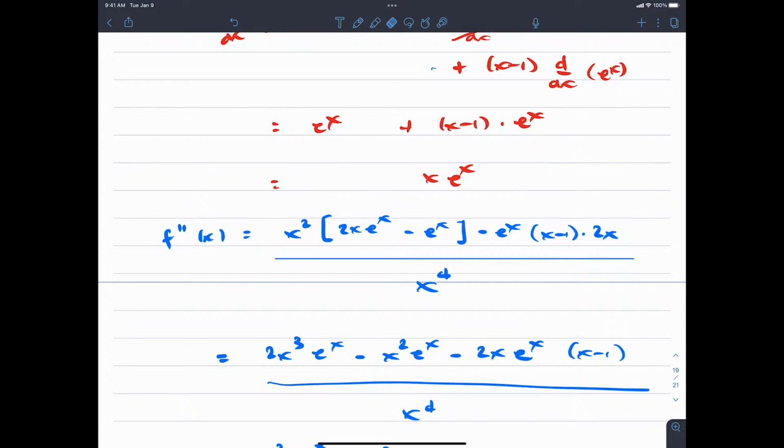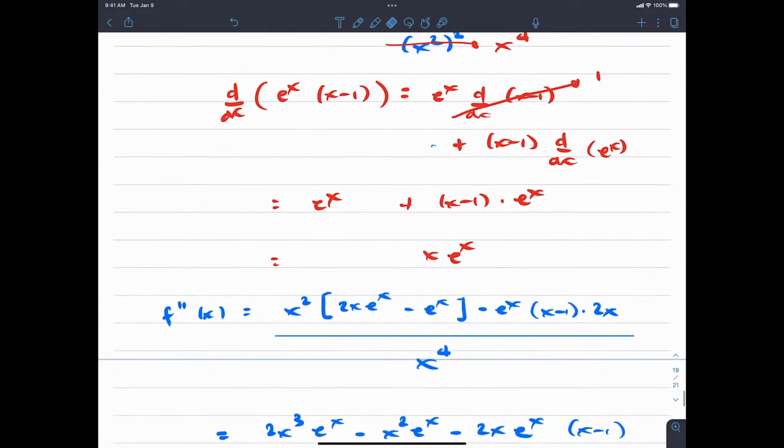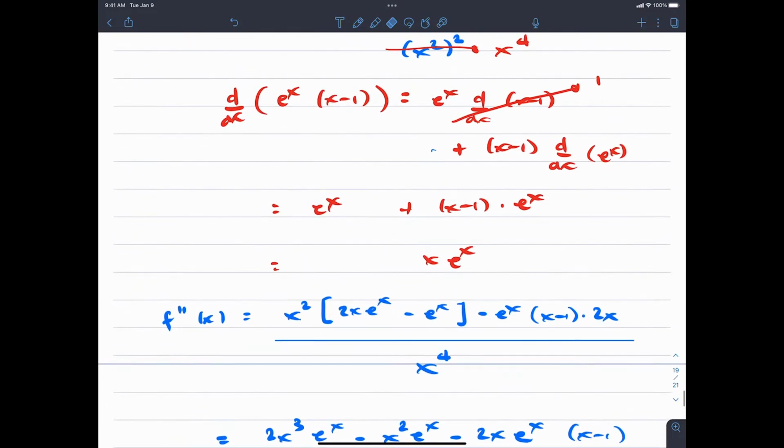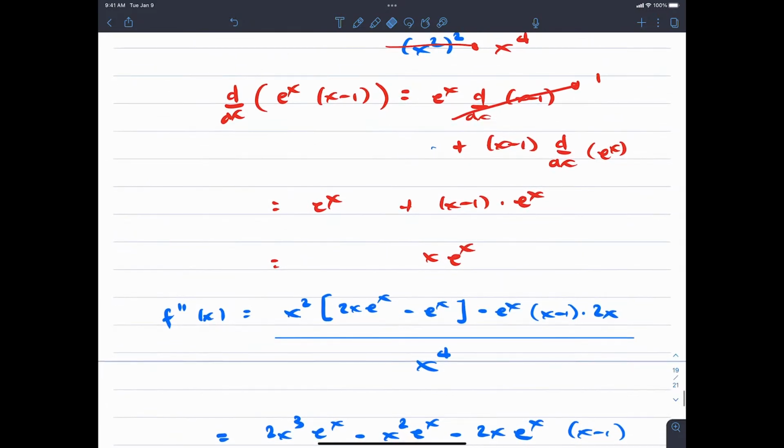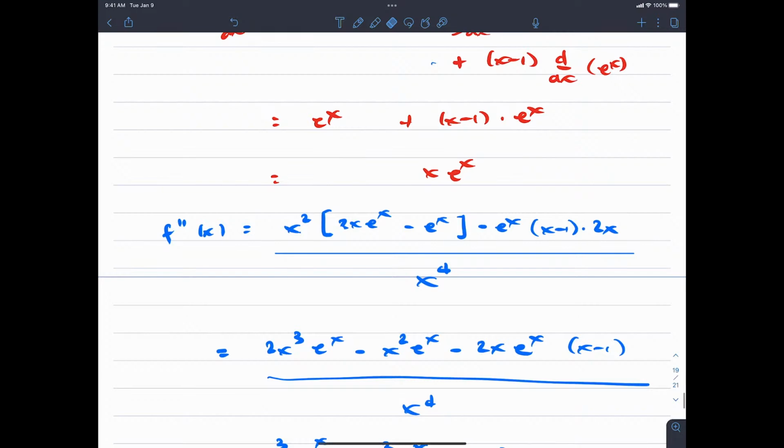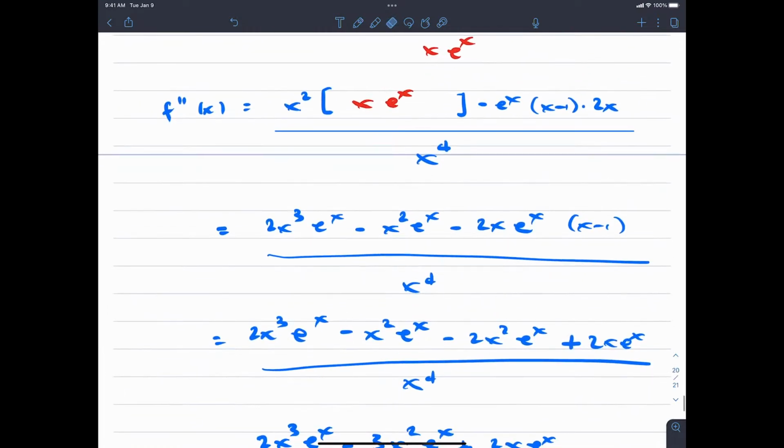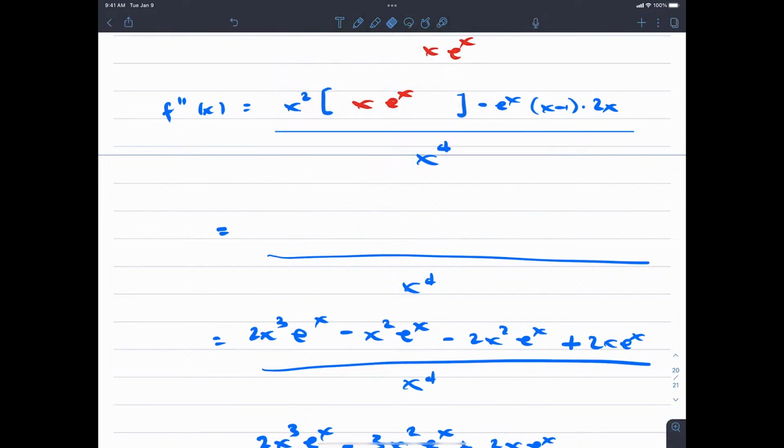Is that true? e to the x plus... Okay, it's a lot better now. So this is going to be here, what? Is that x e to the x? All right, let's get rid of this here.